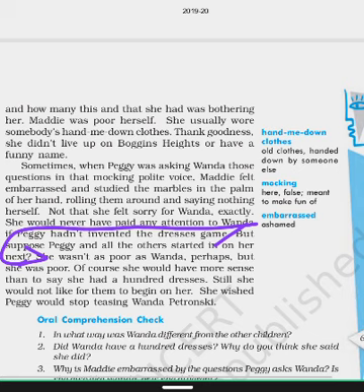Even though she was not as poor as Wanda Petronski, she used to wear the hand-me-over dresses of other people, and they would make fun of her poorness.